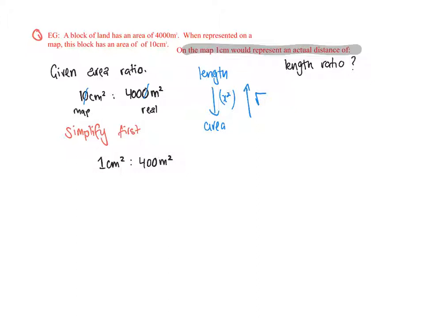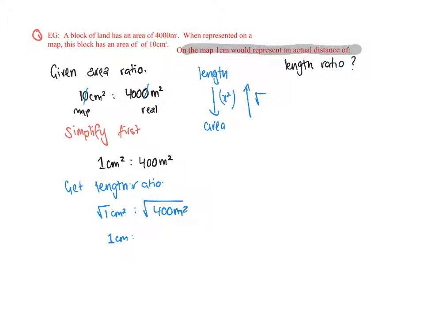So if I've got that, to get the length ratio, I'm going to square root those numbers. So the square root of 1 centimeter squared, and then the square root of 400 meters squared, which would equal 1 centimeter.